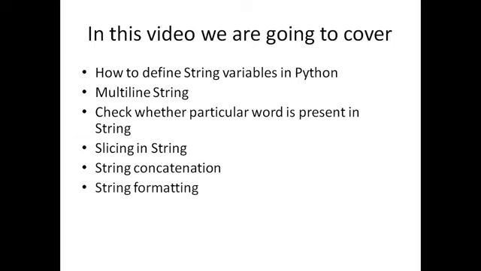We'll also cover what string formatting is and the different ways we can do it, and explain some of the string methods, as well as what escape characters are and how we use them. So keep watching till the end of the video in order to understand all these topics.